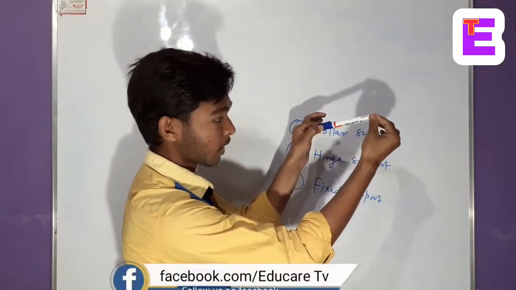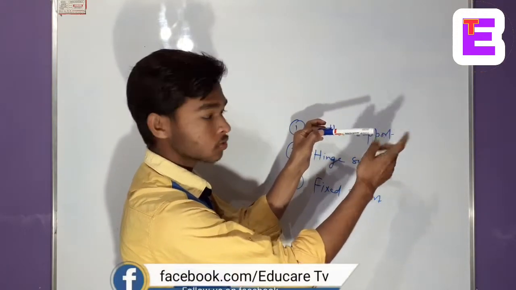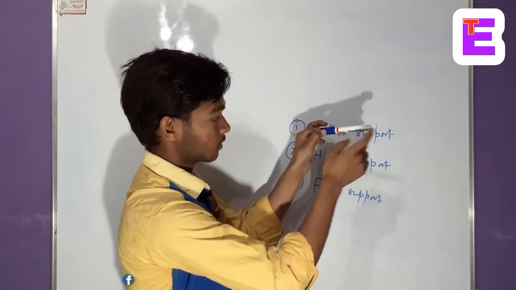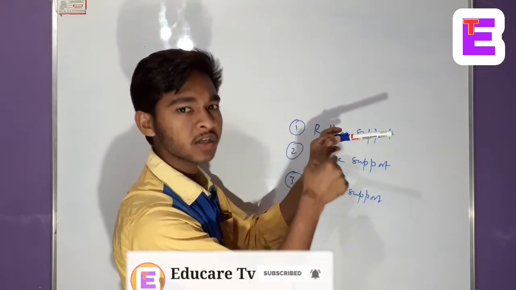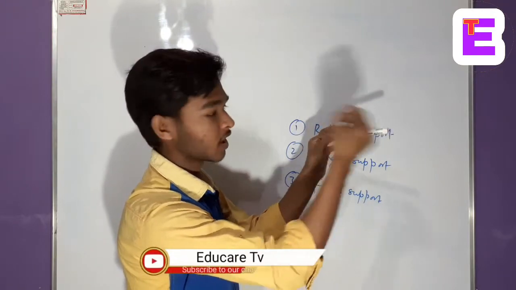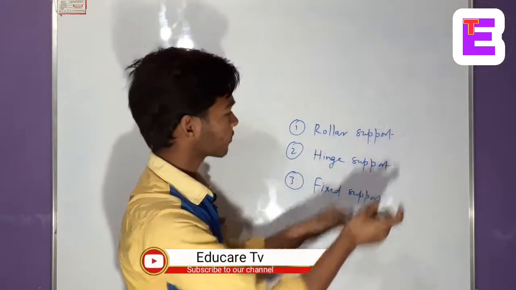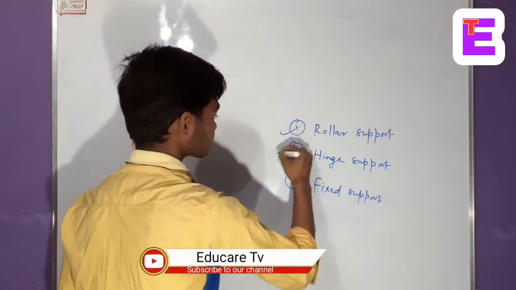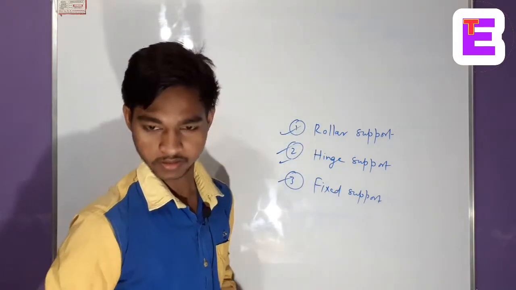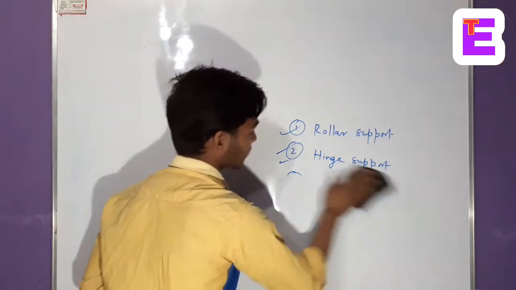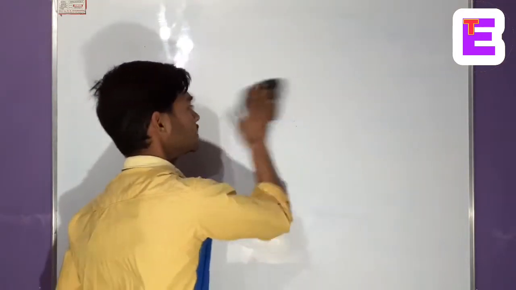So you are applying some moment, and to cancel that moment, this fixed support also applies a moment in the opposite direction of the applied moment. Okay, so those were the three supports we just studied. So I'm doing one example that will make it clear.